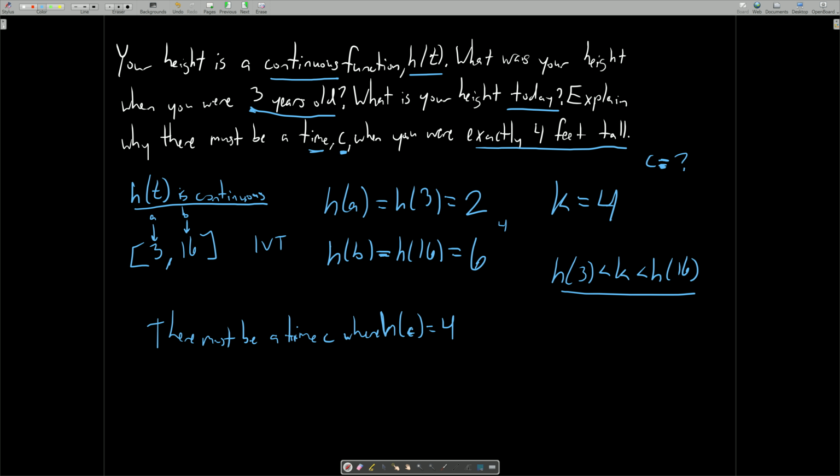Now think about it, it's logical. You don't just grow from 2 feet to 6 feet directly, you grow over time, really slowly. And there is an age between 3 and 16 where you're exactly 4 feet tall, since your height is continuous. And that's basically what the intermediate value theorem is.